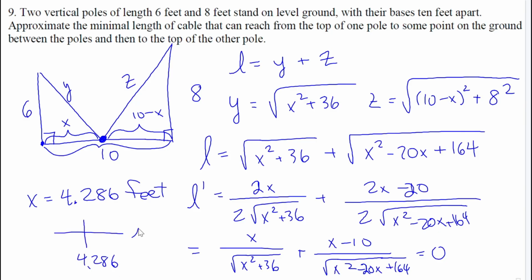Right, that our L prime goes from negative to positive, which tells us that L goes from decreasing to increasing. And it does ask us to approximate the minimum length of that cable. And so we would just then evaluate what L of 4.286 was equal to.